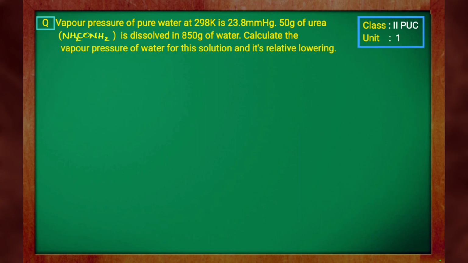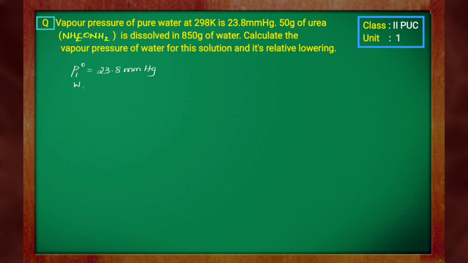We are given the vapor pressure of pure water. Water is the solvent, so vapor pressure is denoted by P1. Since it is for pure solvent, we'll write it as P1⁰, that is 23.8 mmHg. They have given 50 gram of urea dissolved in 850 gram of water.